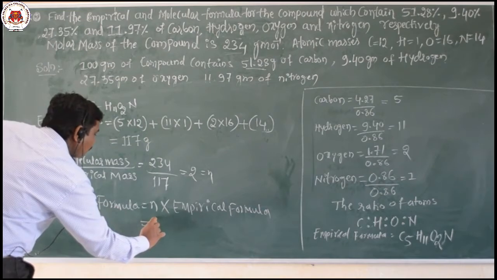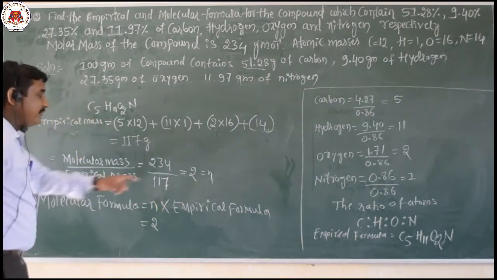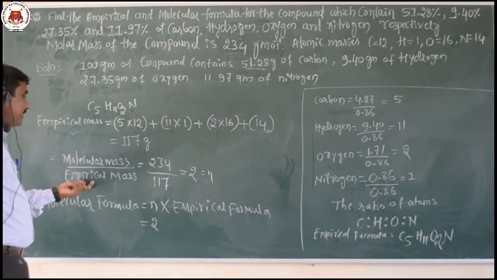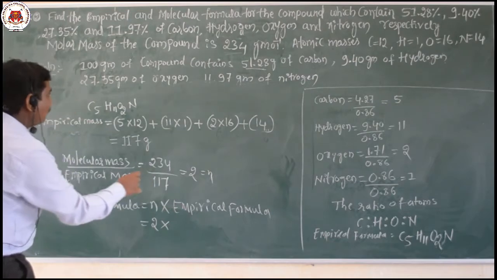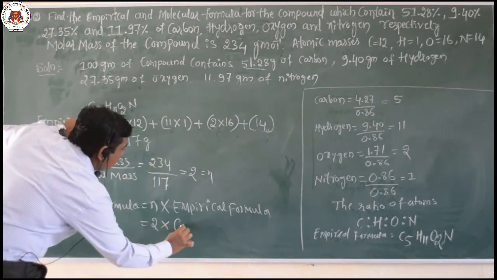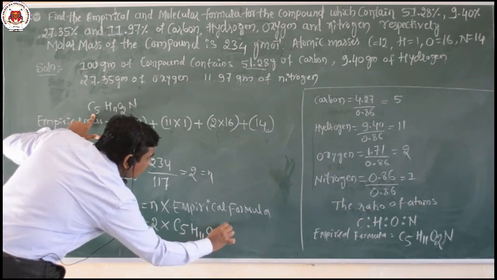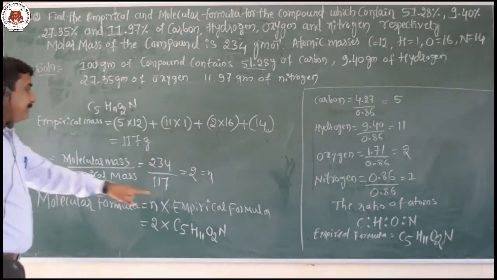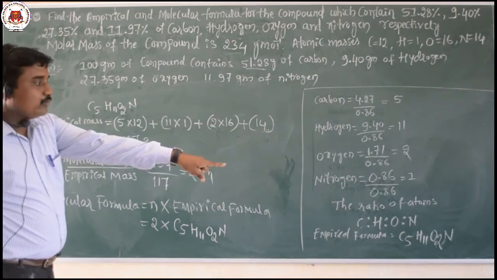The N value is molecular mass divided by empirical mass. So that is 2 into the empirical formula, you know that, C5H11O2N. Okay, so the empirical formula, look, is C5H11O2N.